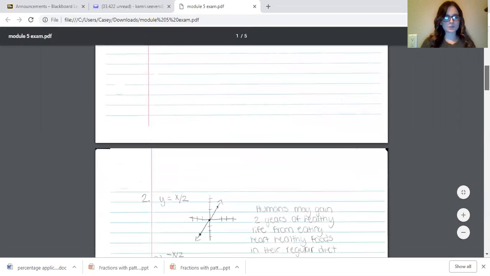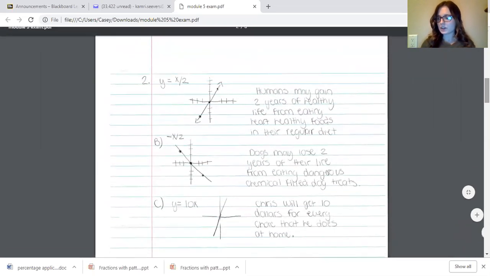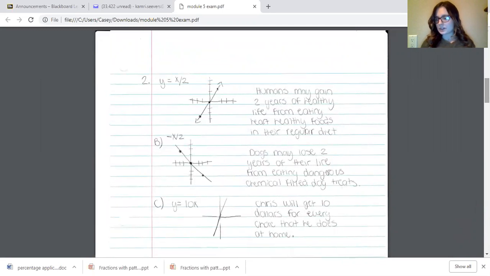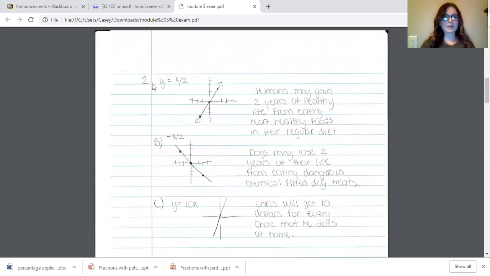So let's go to number 2. For number 2, we are supposed to put A, B, and C into graphs. And so for A, we have y equals x over 2. And here's the graph for this. And we are supposed to put a real life situation that goes with each of these graphs.